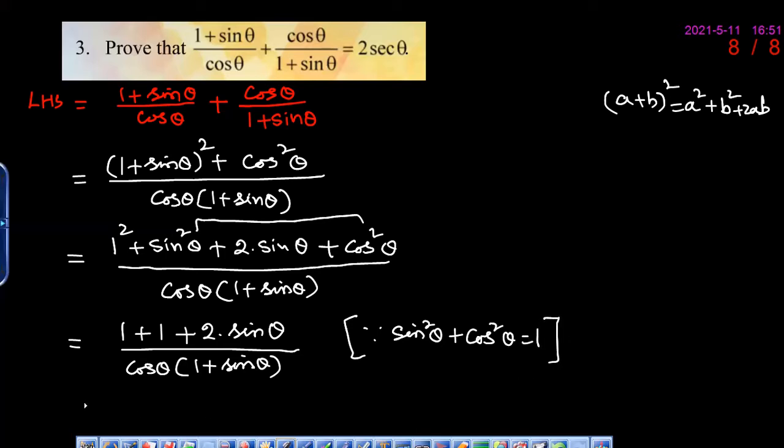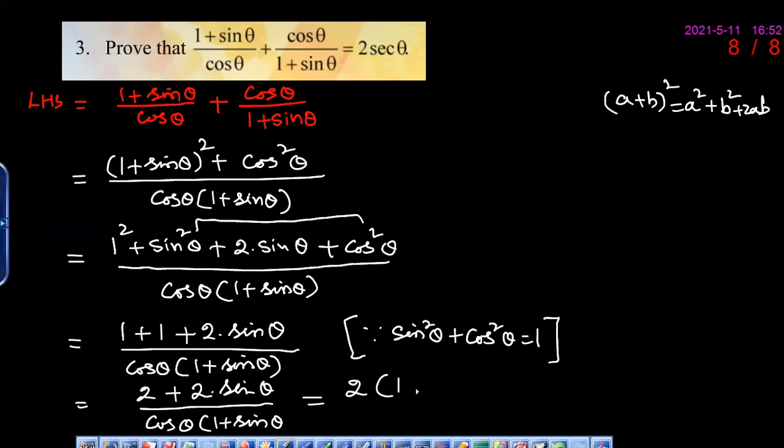So in place of that I write 1, and the leftover is 2 sin θ. So we get 1 plus 1 is 2, plus 2 sin θ, divided by cos θ into (1 + sin θ). Taking 2 common in the numerator, we are left with (1 + sin θ) divided by cos θ into (1 + sin θ).